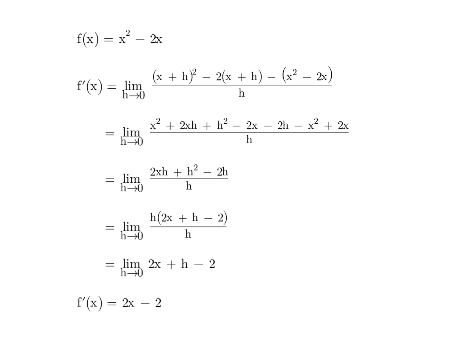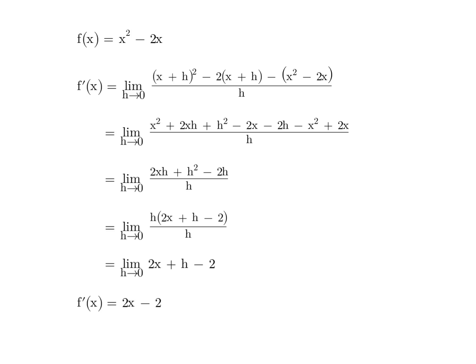Expanding all of the brackets gets you x squared plus 2xh plus h squared minus 2x minus 2h minus x squared plus 2x. On the majority of occasions, when you do this, the original function disappears, so it gets subtracted away.